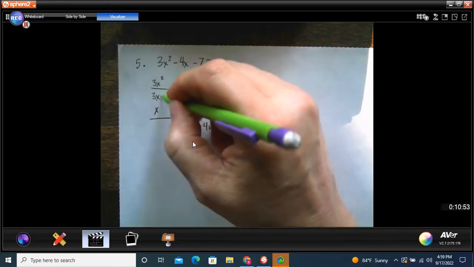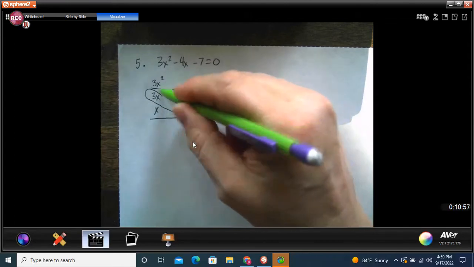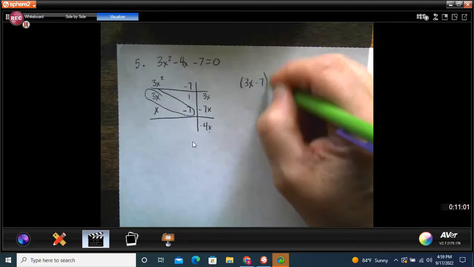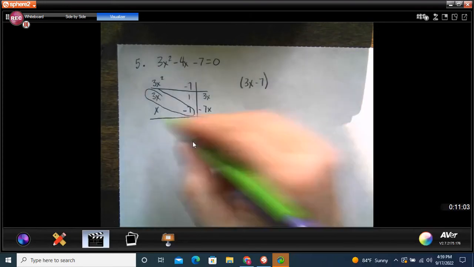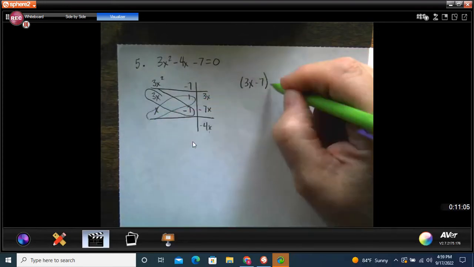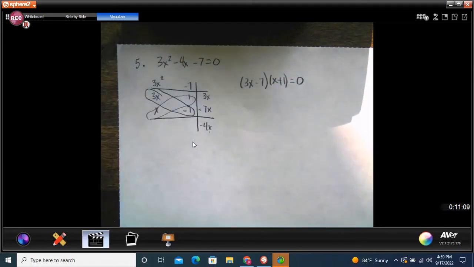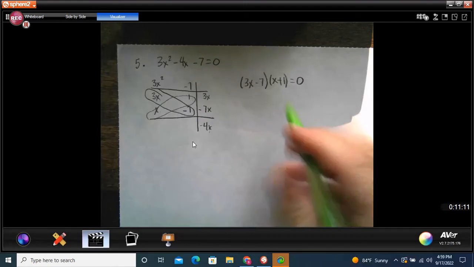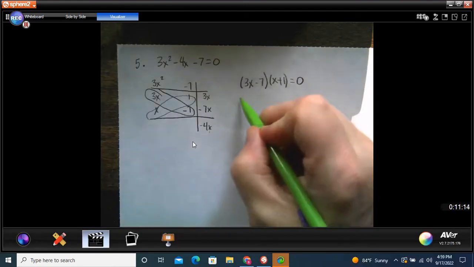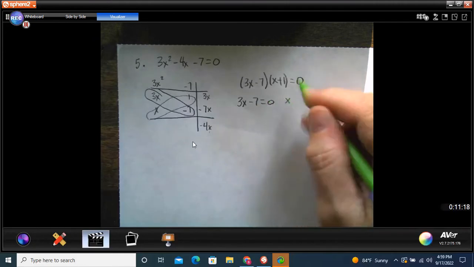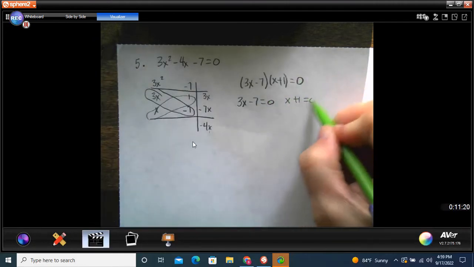So my factors are the quantity 3x minus 7 times the quantity x plus 1 equals 0. And then when we factor, we set each factor equal to 0. 3x minus 7 equals 0. x plus 1 equals 0.